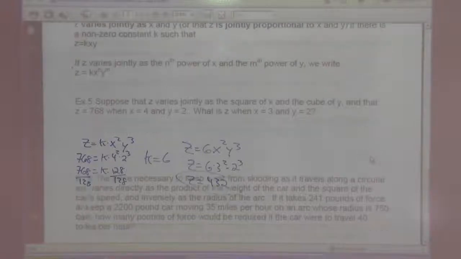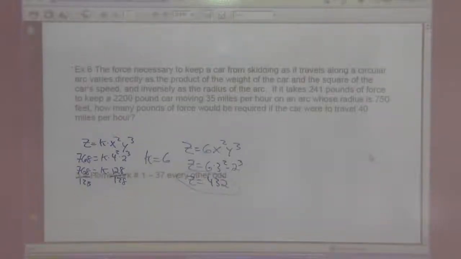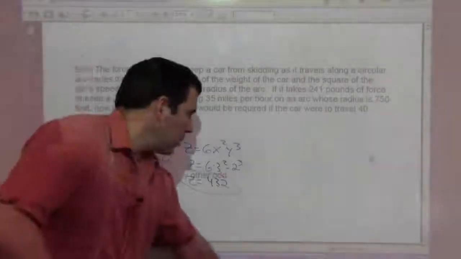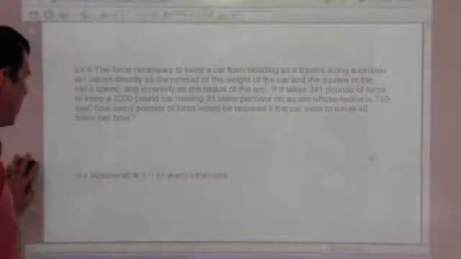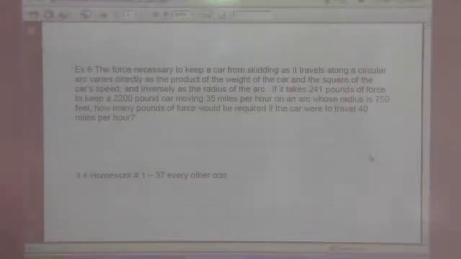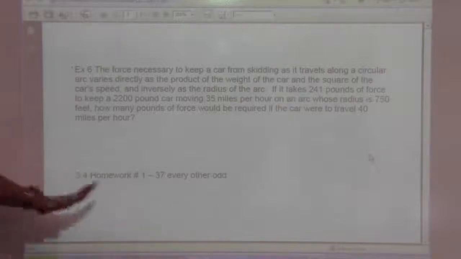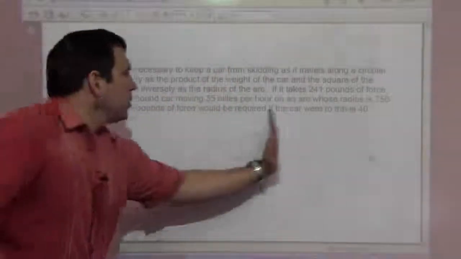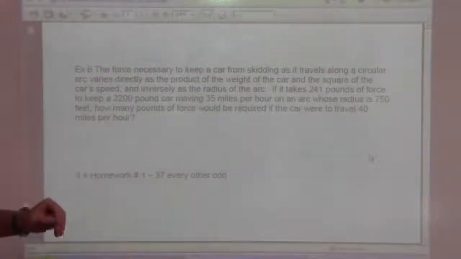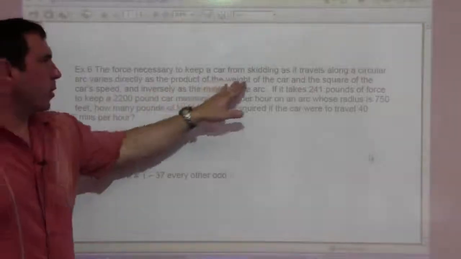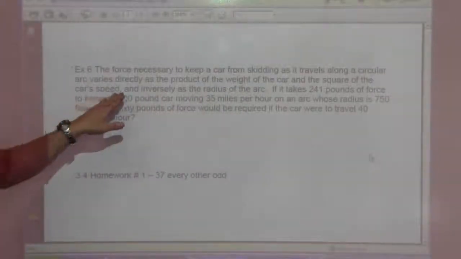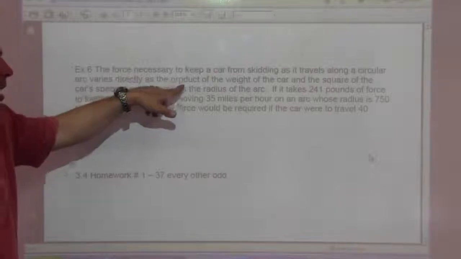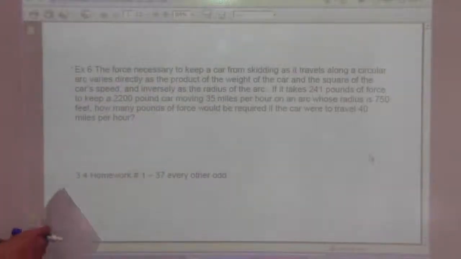Okay, we're going to go on to the last problem here. The force necessary to keep a car from skidding as it travels along a circular arc varies directly as the product of the weight of the car and the square of the car's speed, and inversely as the radius of the arc.